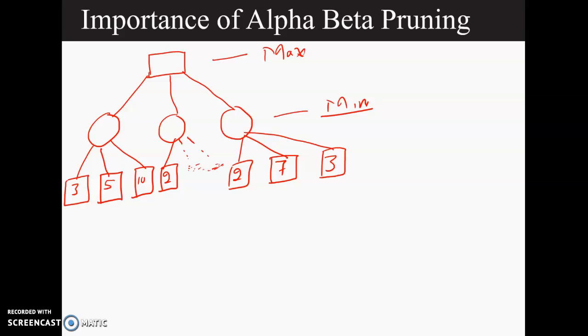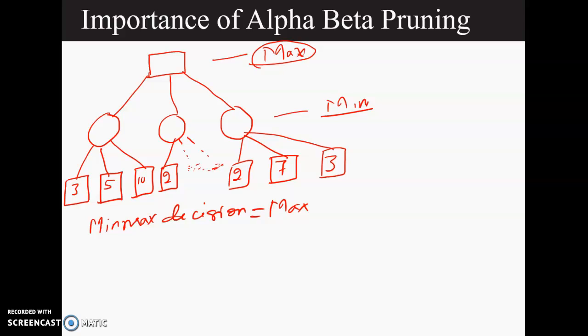So how this tree will work and how you will make the decision using this search tree, we want to apply minimax search decision. So minimax decision is equal to, we want to find out maximum value at the end. So this is what we want to determine. We want to calculate maximum value.